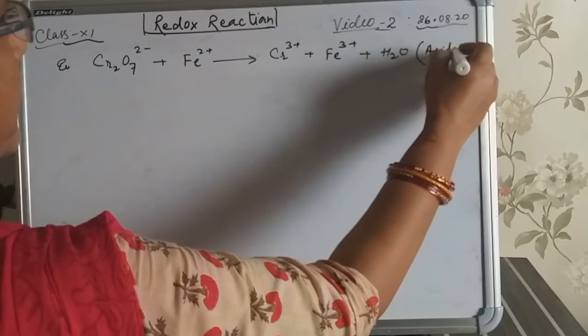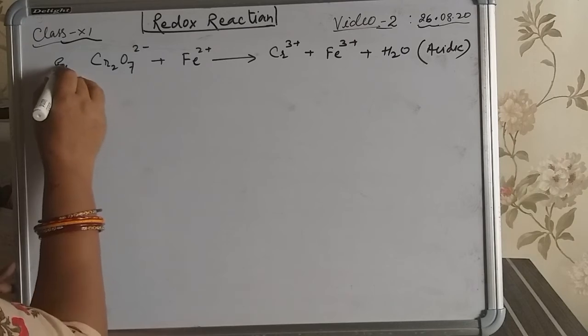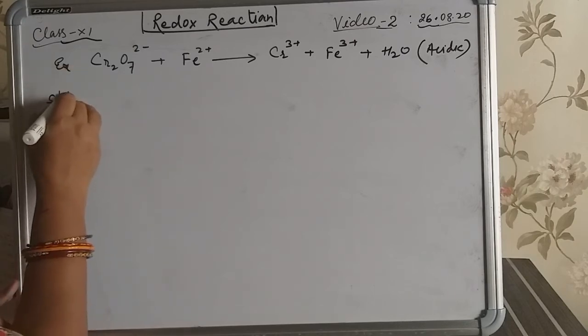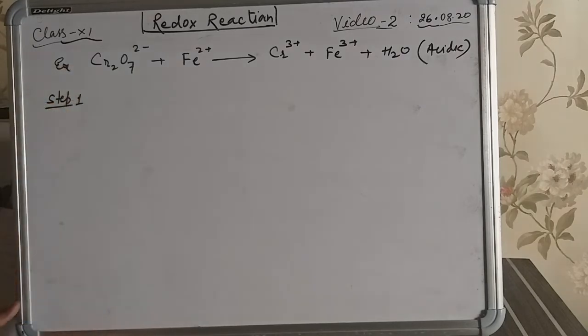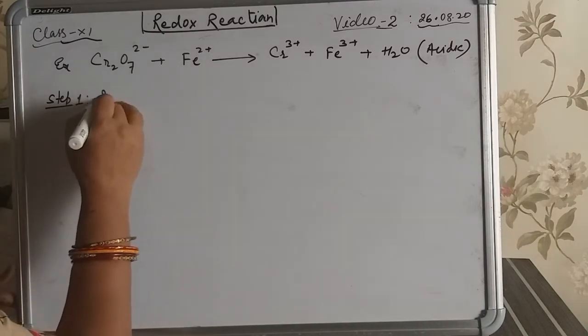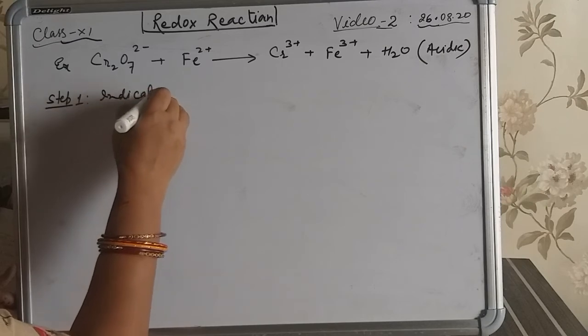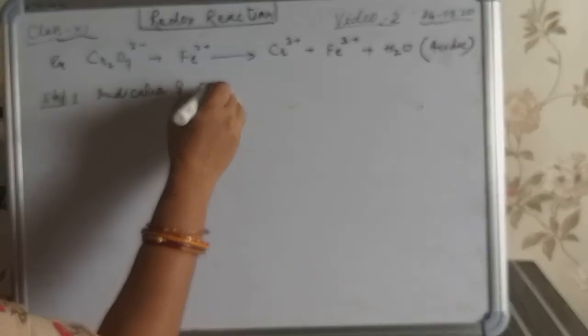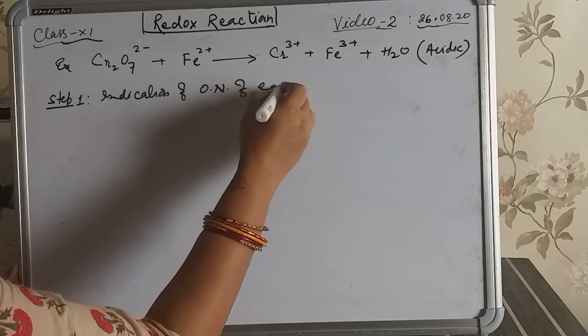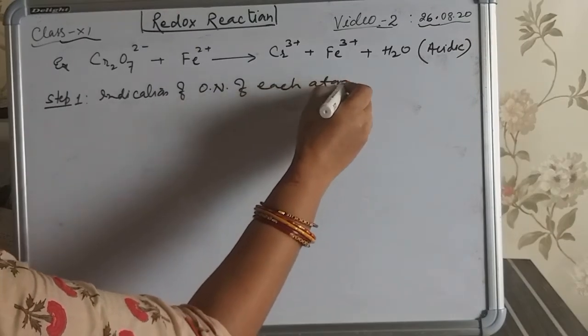Balance this equation in acidic medium. Students, at first write down step 1: indication of the oxidation number of each atom.